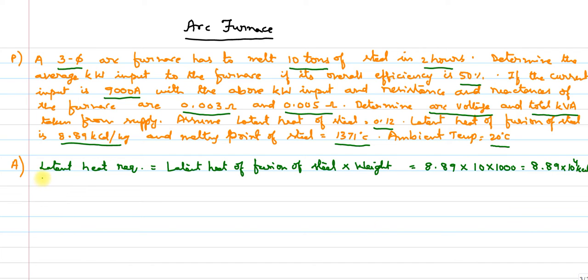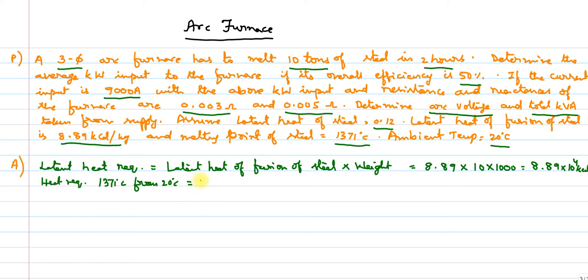Now we need to identify the heat required to raise the temperature to 1371 degrees centigrade, that is our required melting point, from the ambient temperature of 20 degrees centigrade. That means from 20 degrees to 1371 degrees we need to heat it up. So how much heat is required to get the temperature from 20 to 1371?